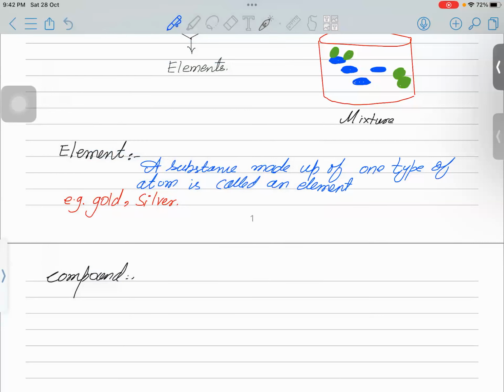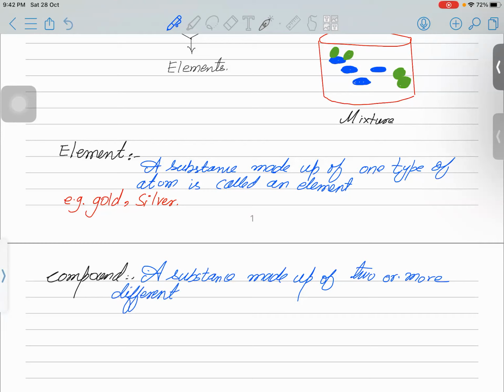Compound is a substance made up of two or more different types of atoms joined together by chemical bond.